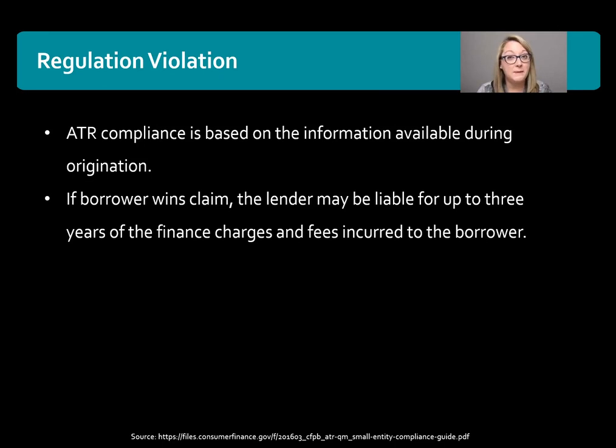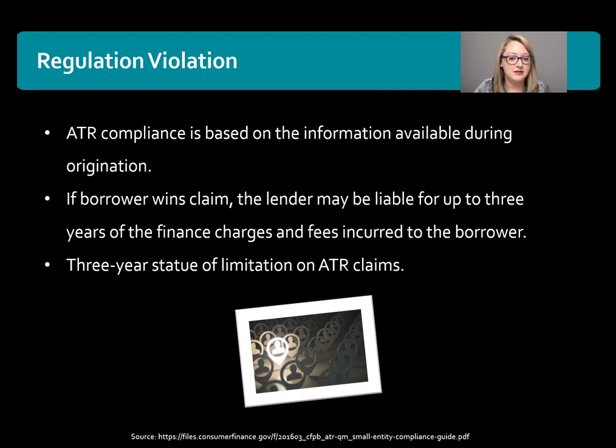They could come back and say, hey, you knew I had seasonal income, but you still qualified me for this mortgage. So in that case, the borrower could have a claim. And if they do win the claim in court, then the lender may be liable for up to 3 years of finance charges and other fees that the borrower incurred on the mortgage, and also their legal expenses.